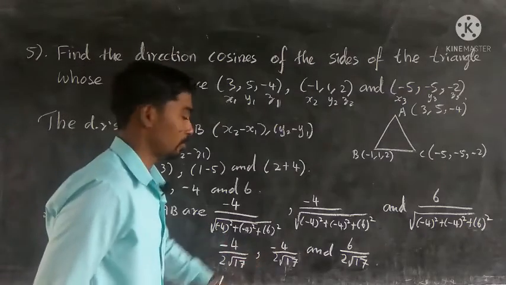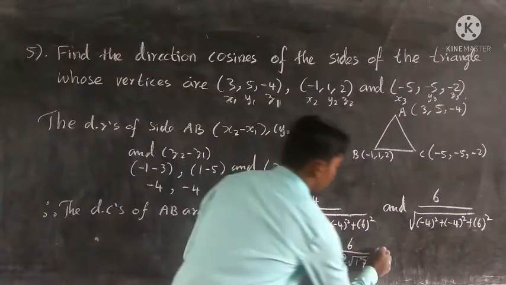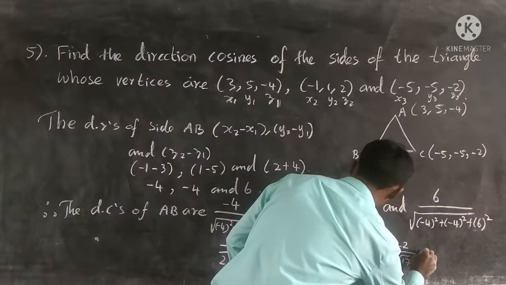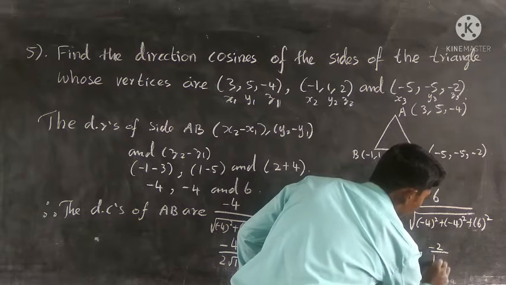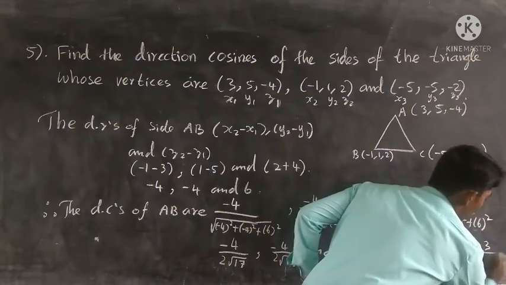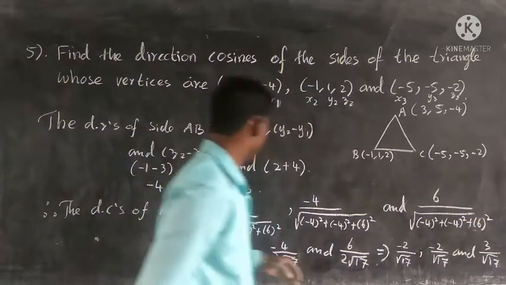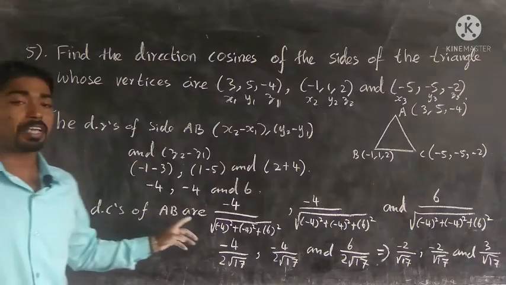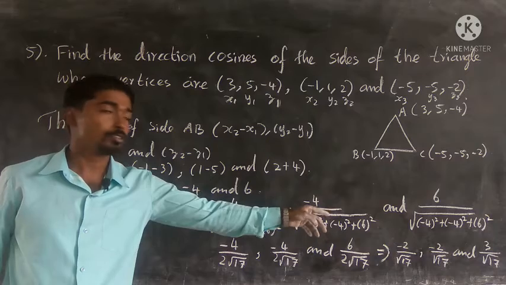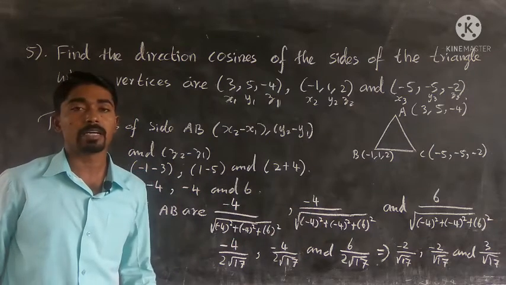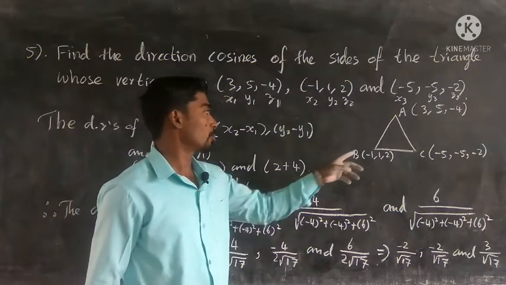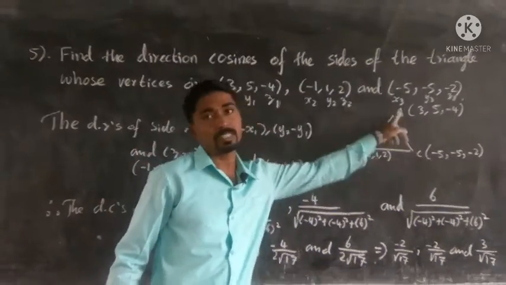We can simplify again, and you get -2 by root 17, -2 by root 17 and 3 by root 17. Therefore, the direction cosines of AB are -2 by root 17, -2 by root 17 and 3 by root 17. Similarly, we are going to find the direction ratios of BC and CA.